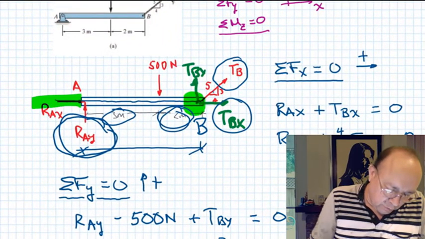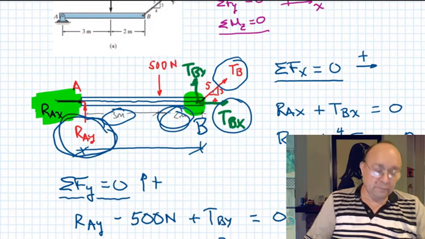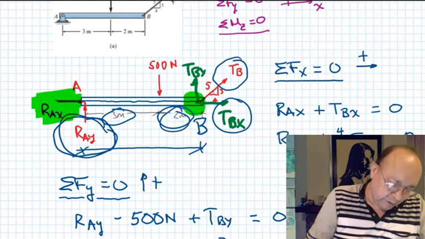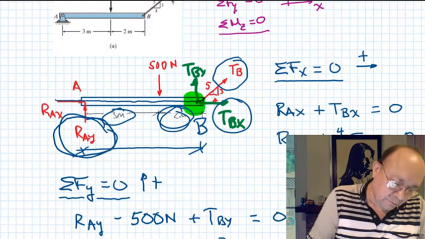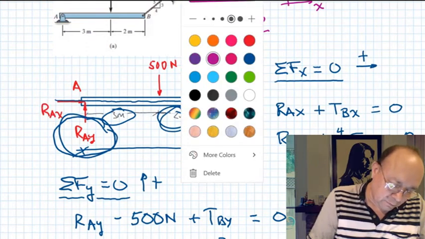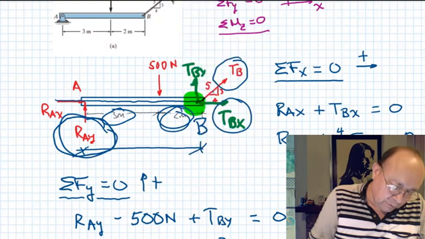This assumption was not correct. So we have to make the correction, and we say then that this is not correct.